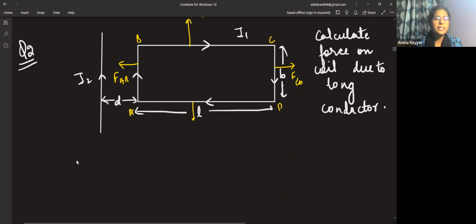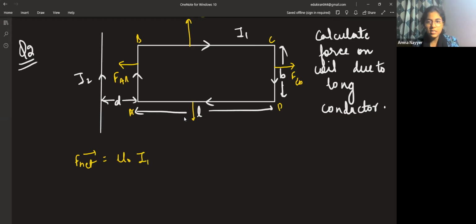So how will we write it? See, the net force will be, we'll not use the formula for force per unit length because force is asked. So it becomes mu naught for this wire, I'm writing mu naught I1, because I1 current is flowing in this coil, I2, length of this part is b, see it's given, b divided by 2 pi, separation is d.